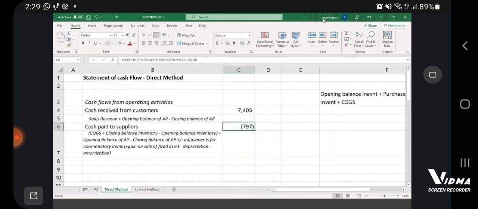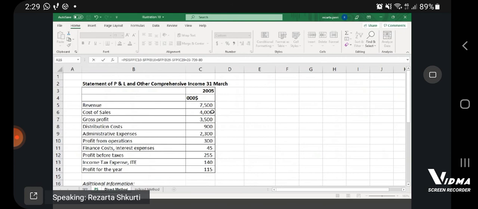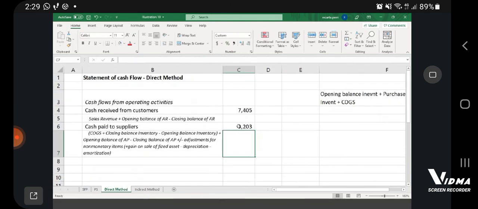We start with cost of goods sold and we regulate the balance by adding. I think that I lost the first one, which is the cost of sales. And then we add this amount over here.